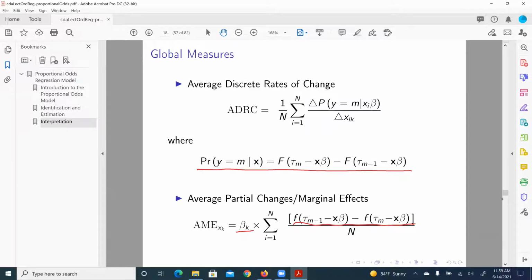For every single observation, we calculate the difference of 2 probability density functions multiplied by beta k for xk. Then we add them up and average across all these n observations in the estimation sample. Then we get what is called average marginal effects.